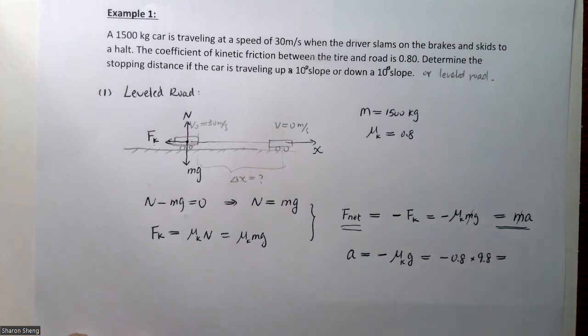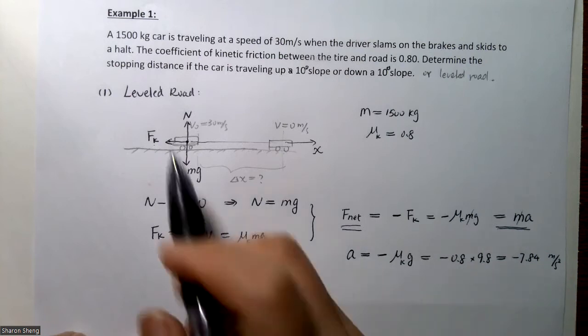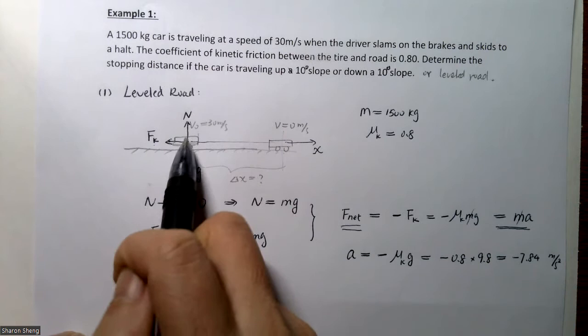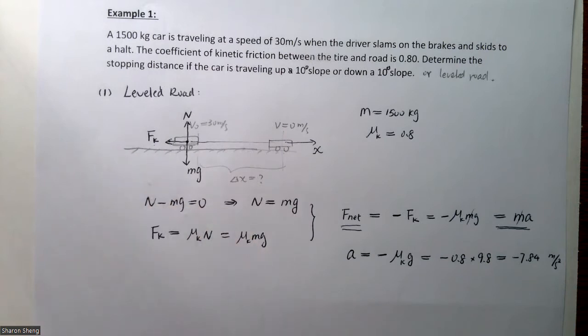We get the acceleration equals negative 7.84 meters per second squared. Why is it negative? Because it is moving to the right, but the friction force is pointing to the left. So it has a negative acceleration, negative 7.84 meters per second squared.